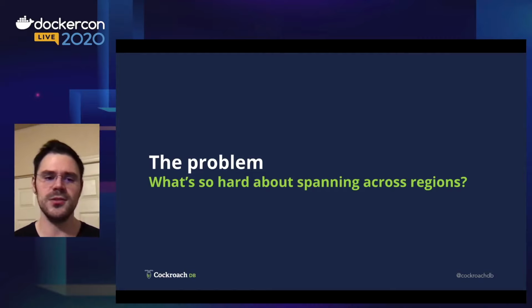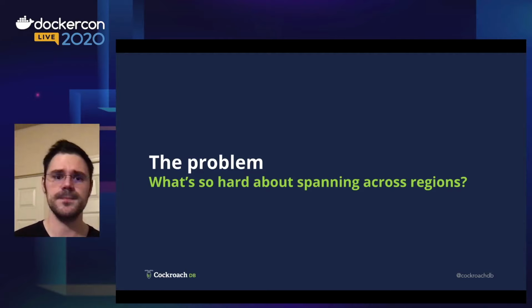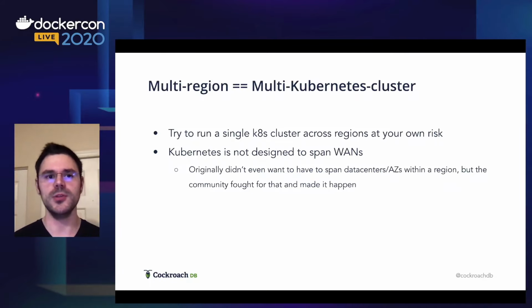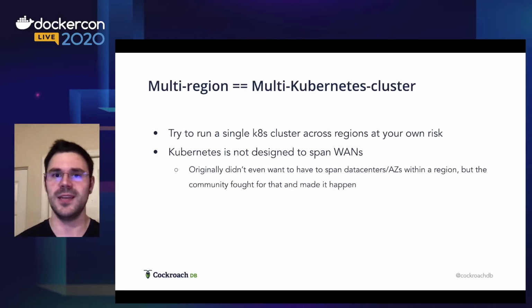And we're going to move on to what makes this such a difficult problem to solve anyway. That's because a multi-region deployment and a multi-Kubernetes cluster deployment are effectively synonymous. You are more than welcome to try to deploy a single Kubernetes cluster across multiple regions, but your mileage will probably vary and not be very good.